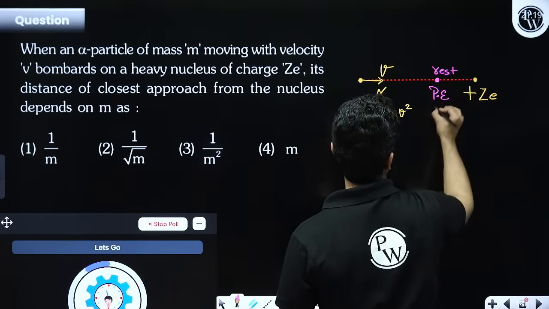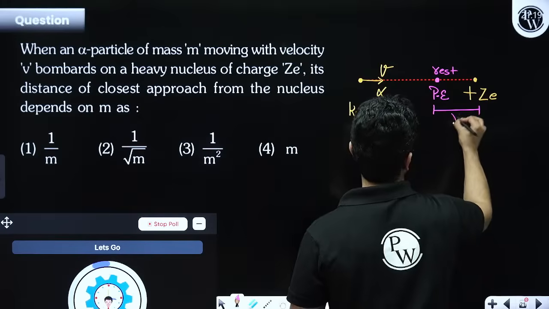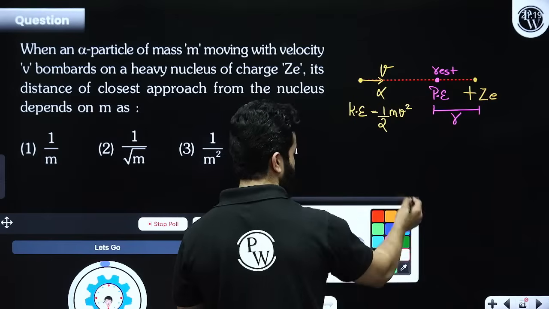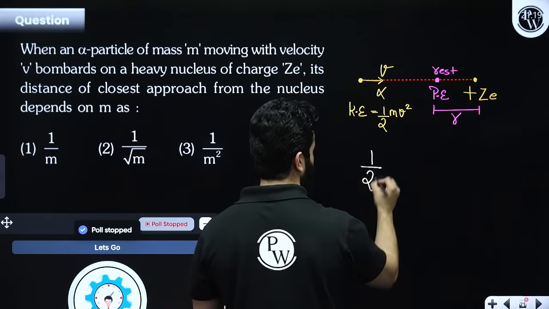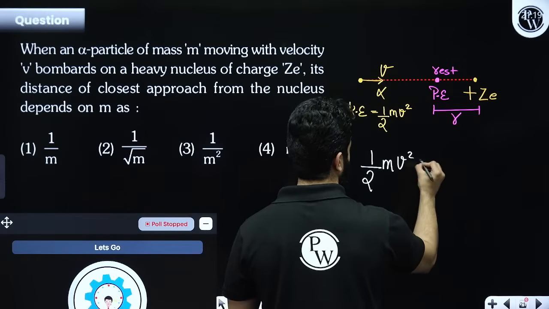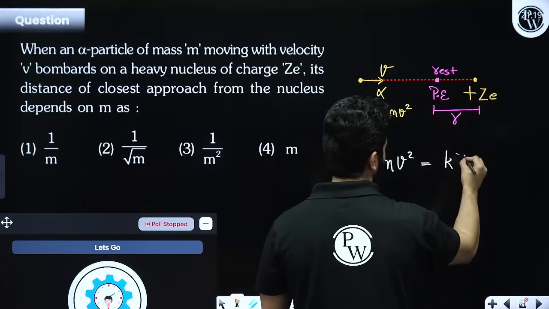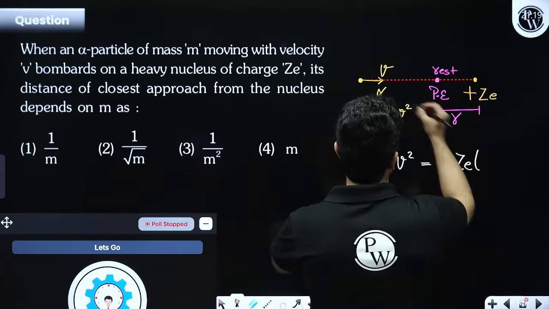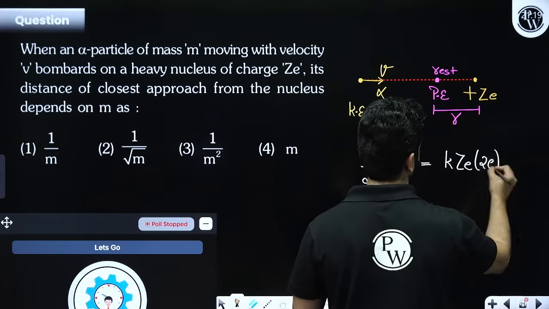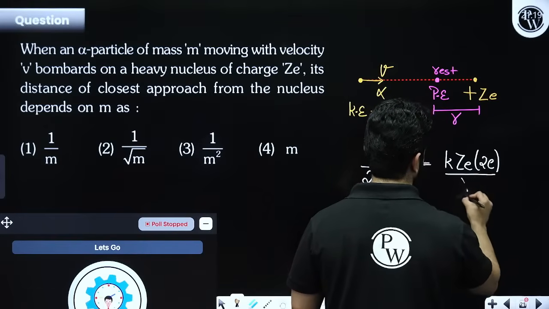Let's suppose this separation is r. So half mv square is exactly equal to k q1 q2 by r, that is Ze multiplied by the alpha particle's charge 2e, divided by r.